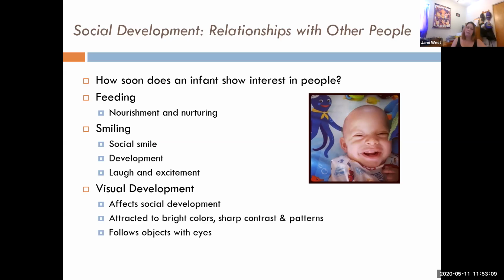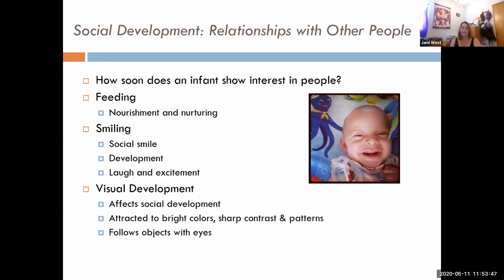The other developmental issue in regards to social development is vision, right? At birth, infants can see a certain amount of inches. If anybody knows who that is, raise your hand. Just kidding. Babies can see and stare intently 8 to 12 inches away. It's blurry at first, but they can see 8 to 12 inches away.